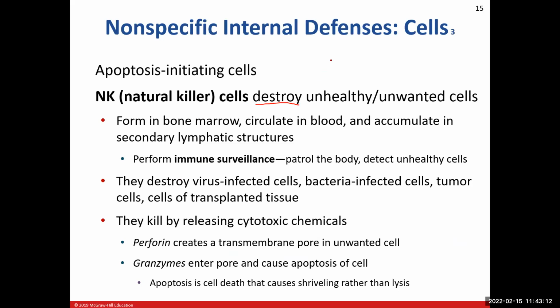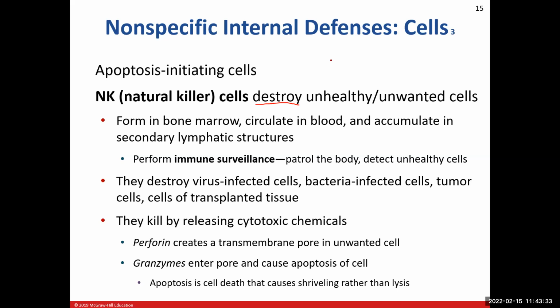Now you see a term up there called apoptosis. These apoptosis-initiating cells. Basically, apoptosis is cell death. And these cells are aptly named for this. So like the rest of our immune cells, they come from the bone marrow, then get shot out into circulation.